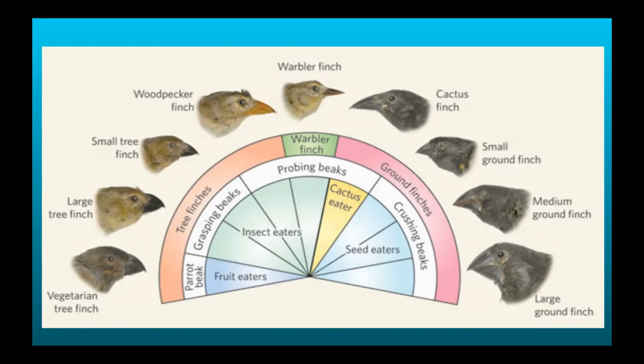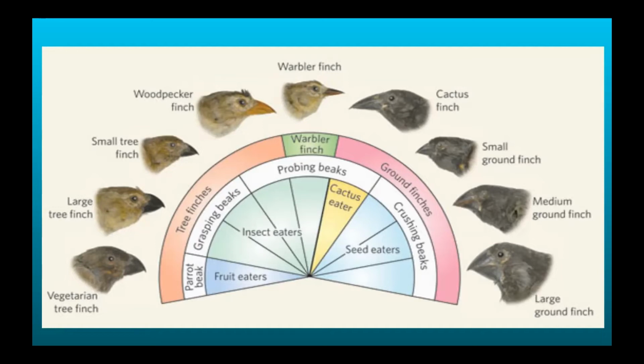So each island, the finches changed. And the islands are spread out enough that maybe a finch could travel from one to the other. But over time, those different finches had families and looked a lot different until they were kind of different species.